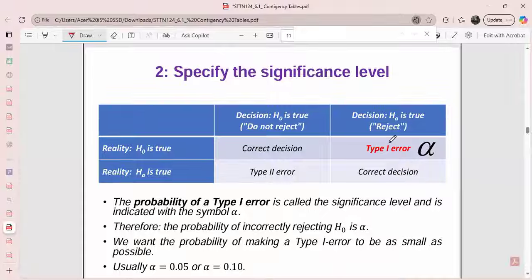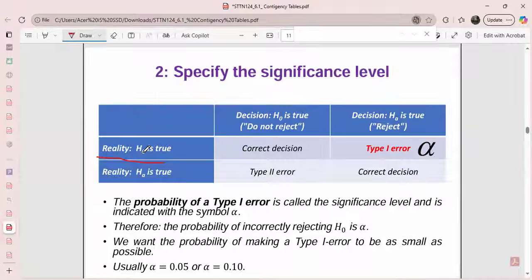but before, let's just look at this table here under the reality. We say that if the null hypothesis is true and our decision is that we do not reject, it means that you are taking a correct decision. And if our decision is that we reject the null hypothesis, it means the alternative is true under the decision.